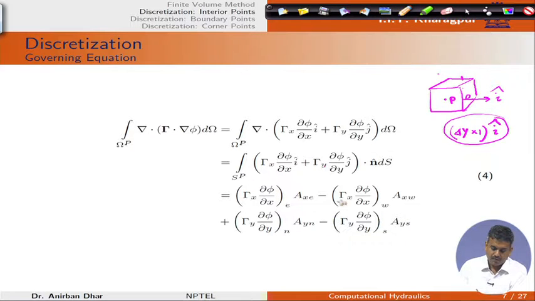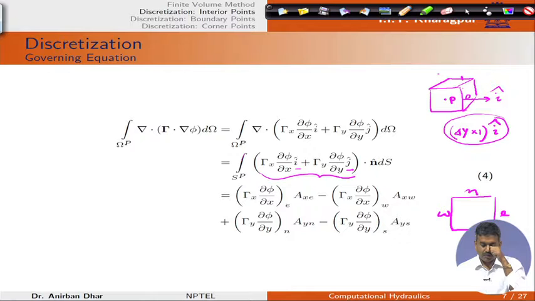For the east face, this is the area, and for the vector we have two components i and j. We need to integrate it over faces, that means all faces east, north, west, south. If we write it as a summation, then we will be exactly solving this integral equation.